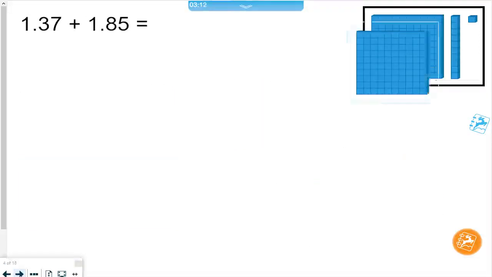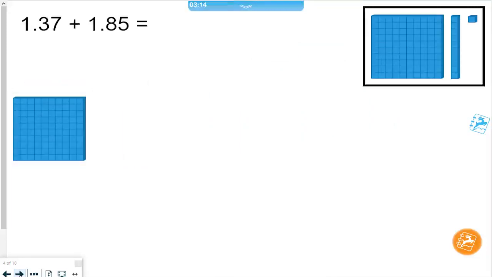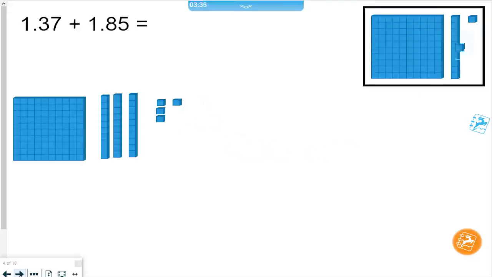Here we've got 1 and 37 hundredths. There's my 3. And I have 7 of these guys. 1, 2, 3, 4, 5, 6, and 7.